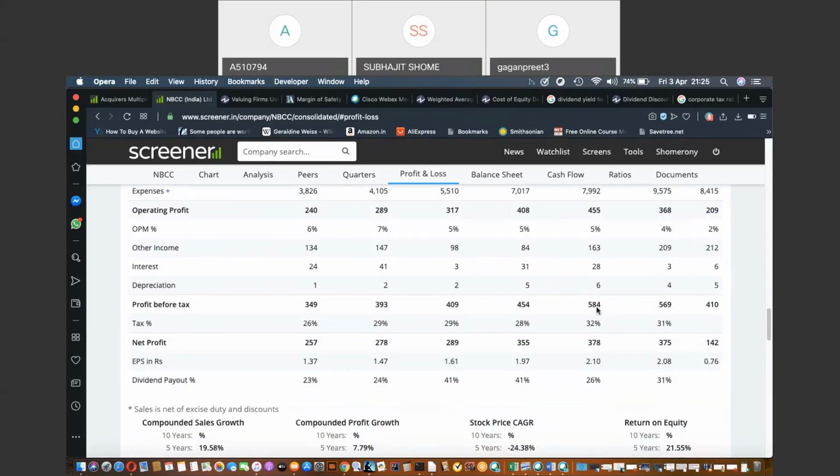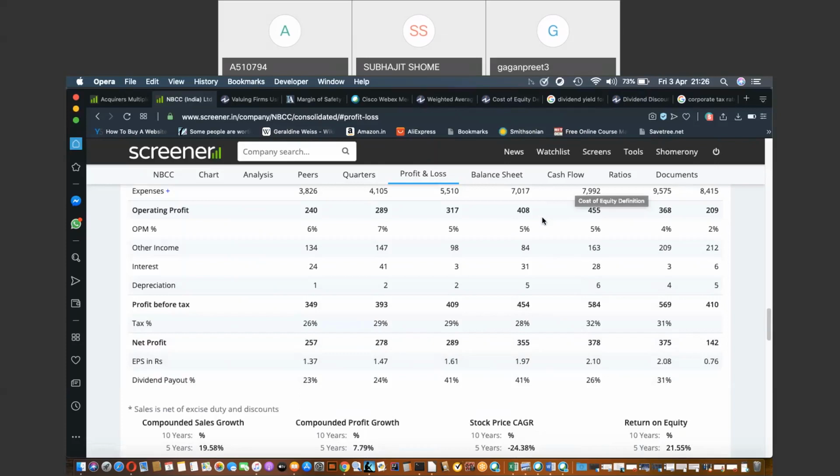Profit before tax is 584. You need to add interest, which will be 28.